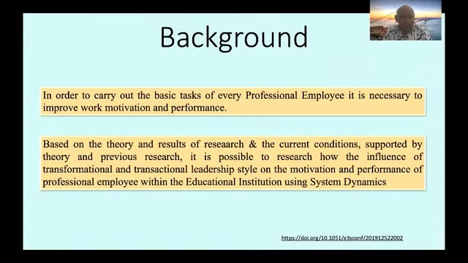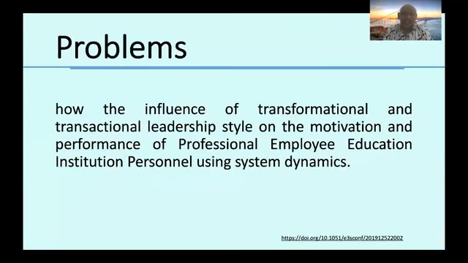Based on the theory and results of research and the current conditions supported by theory and previous research, it is possible to research how the influence of transformational and transactional leadership style on the motivation and performance of professional employees within the education institution using system dynamics.